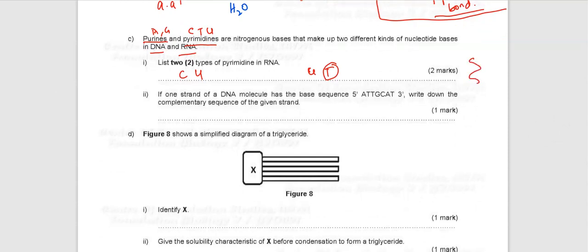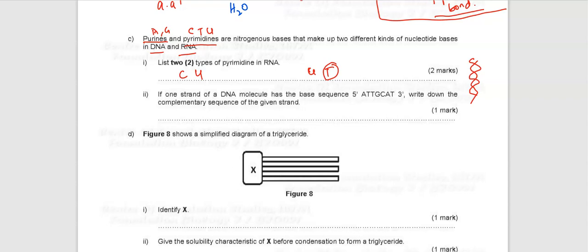The 2 strands are held together by hydrogen bonds between the bases. So the bases along the 2 DNA strands have to complement each other, or we call it complementary base pairing.